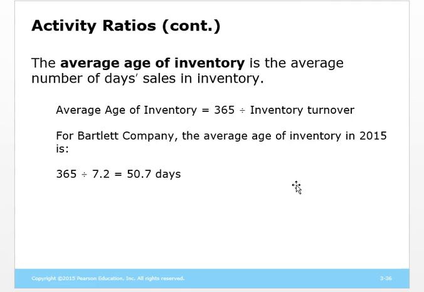So 365 divided by 57. So this will give us our average age of the inventory. 365 divided by 57.